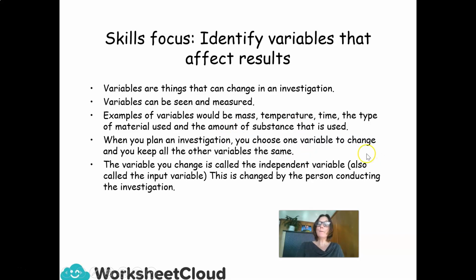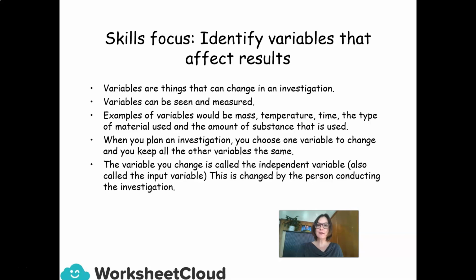So when you plan an investigation, you choose one variable to change and you keep all the other variables the same. The variable you change is called the independent variable, which is also called the input variable. This is changed by the person conducting the investigation.